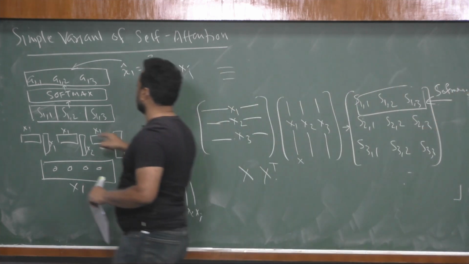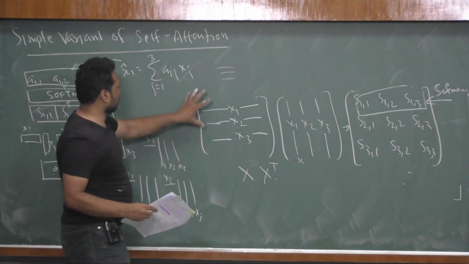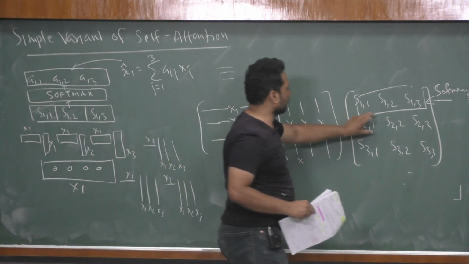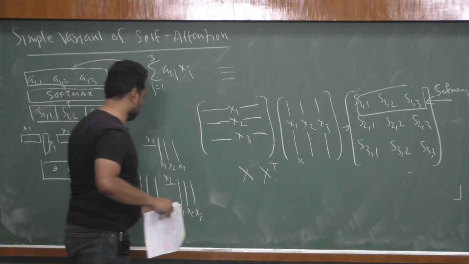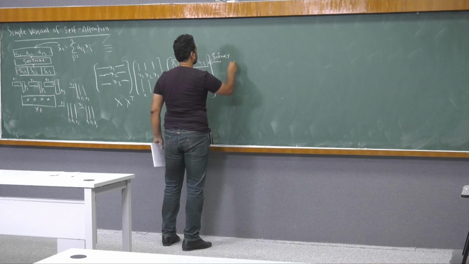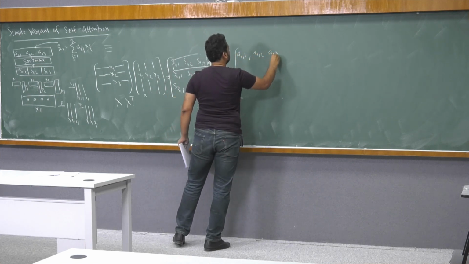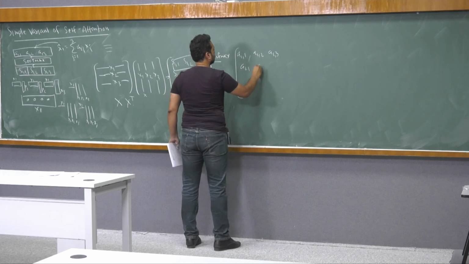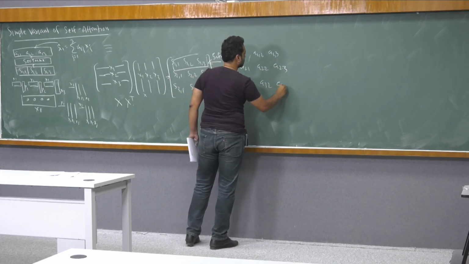So I apply softmax on s11, s12, s13, and similarly on the second row and then the third row, to give me the attention weights. If we apply softmax, we will get a11, a12, a13, a21, a22, a23, a31, a32, a33.